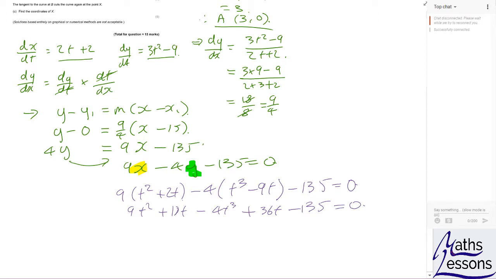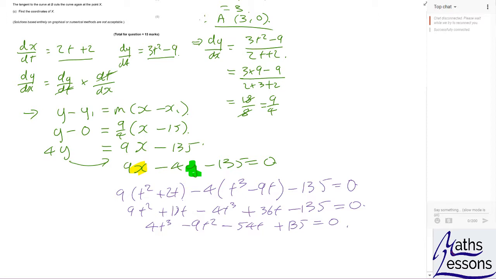So if I change the signs of everything, I'll get 4t cubed, I like my first thing to be positive, minus 9t squared. And what have I got? I've got 36, so that's 54t. Changing the sign of everything, the 135 is not going to be a plus, sorry, because I changed the sign of everything, didn't I? So it's a minus equals 0.